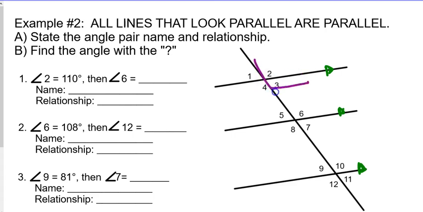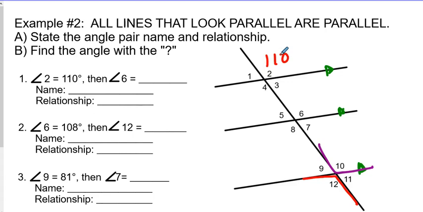So 2 is equal to 6, which is also equal to 10. 4 is equal to 8, which is equal to 12. Again, all acute angles are going to be the same, and all obtuse angles are going to be the same. So it says, angle 2 is 110. So let's go here and write 110. Now remember, it might be a good idea to use a pencil you can erase.